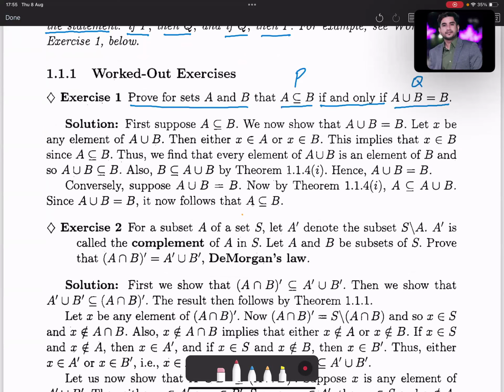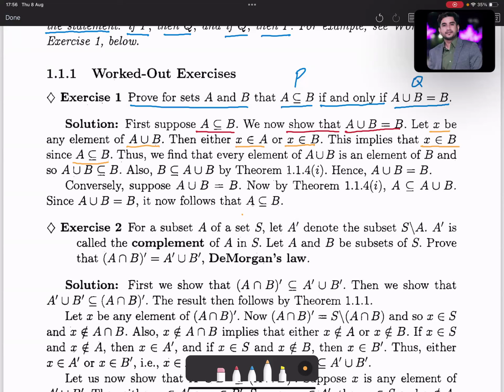First we will assume that A is contained in B. We now show that A union B is B. So let x be an element of A union B. Then if it is inside the union of A and B, this shows that it either lies in A or it lies in B. And this implies that x is an element of B since A is contained in B, because we have already assumed that.